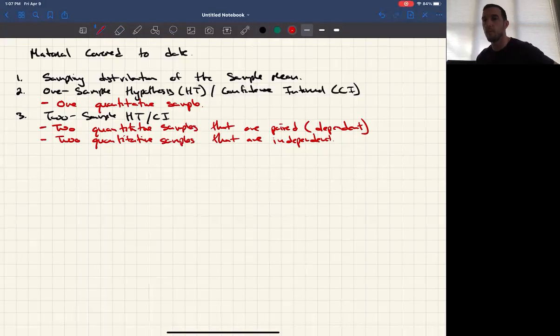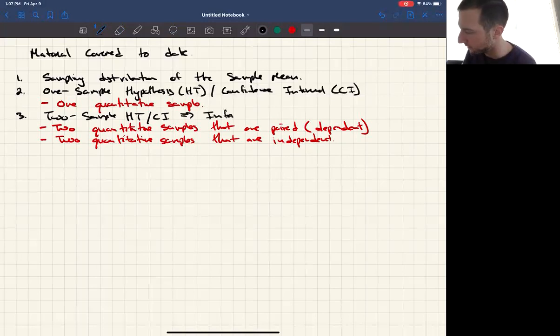Again, once we've identified that we have two samples, there's only a select number of tests that we can run on those two samples. The other thing to keep in mind is when we're running two sample hypothesis tests or intervals, we're basically performing inference for mu1 minus mu2.